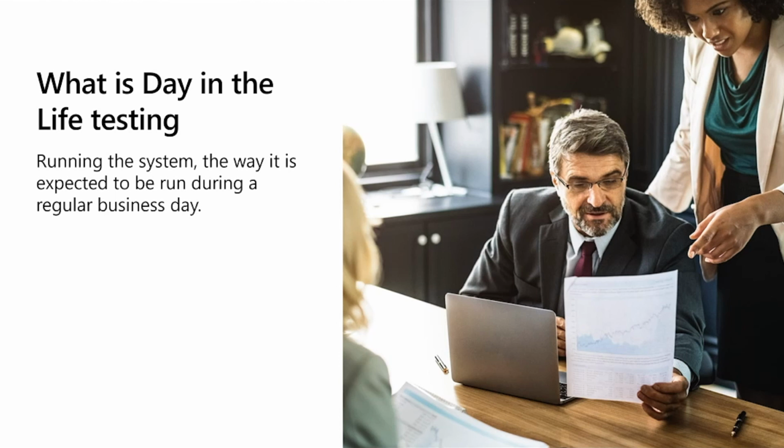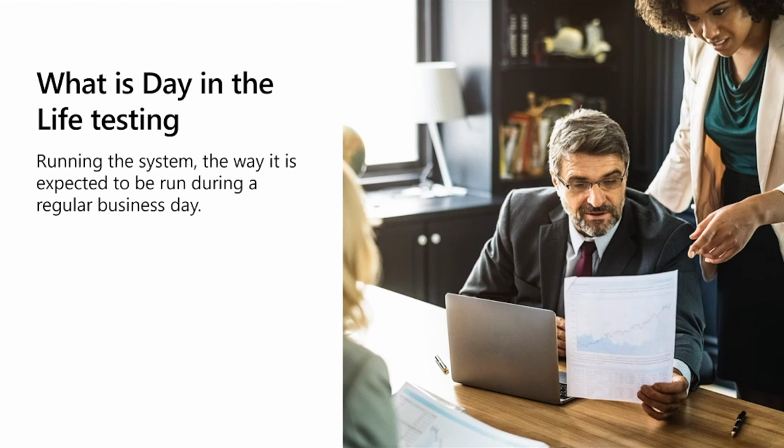But in day in the life testing, we want to do the multiple scenarios and the mixed testing. Create sales order and sales order posting should happen at the same time in real life. Regarding duration, in performance validation it should be shorter, sometimes less than an hour or maybe just 13 or 15 minutes.